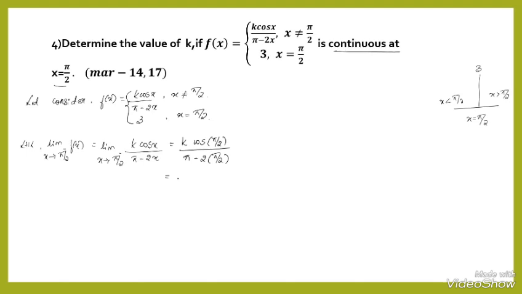Okay, this is of the form 0 by 0. Cos pi by 2 value, if we directly apply the limit, it is 0, again 0 by 0. Okay, we can't define the function here.